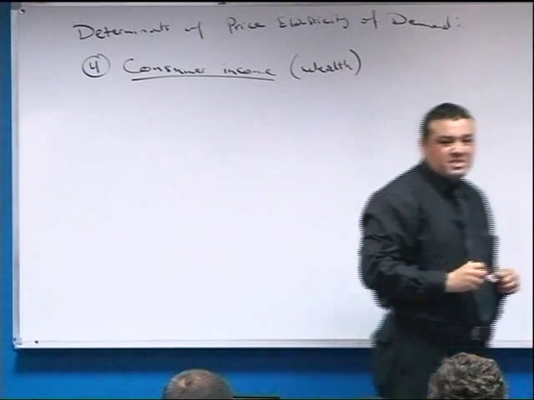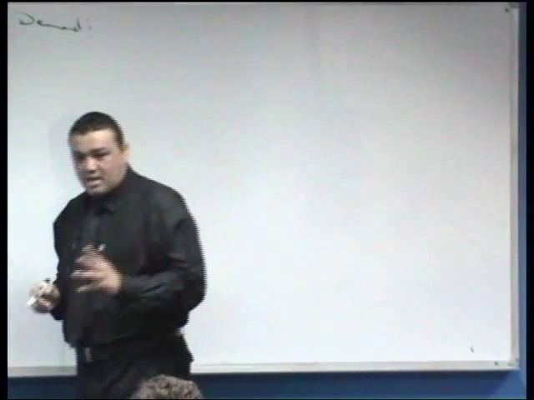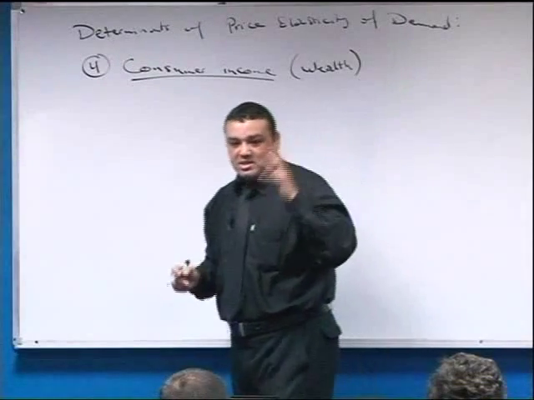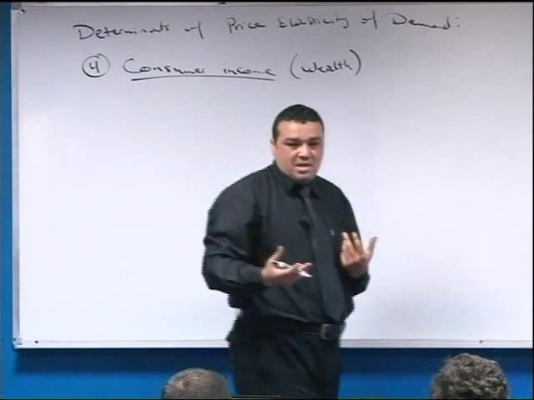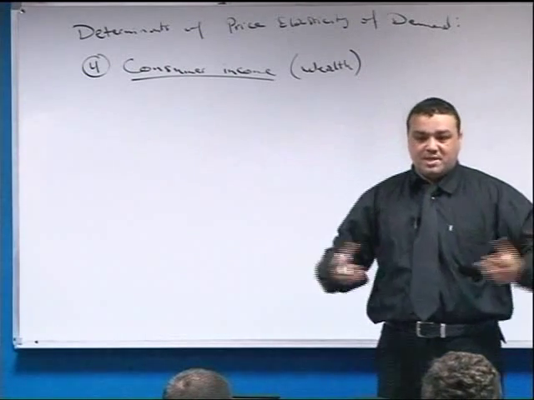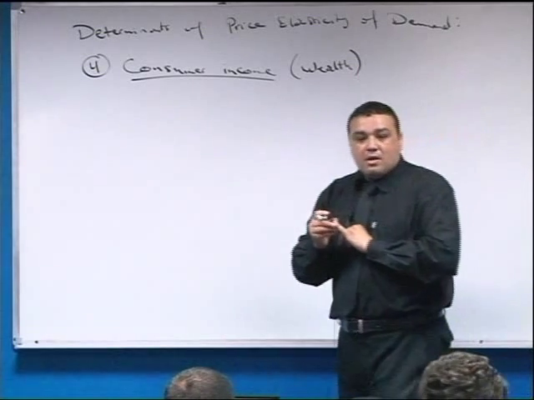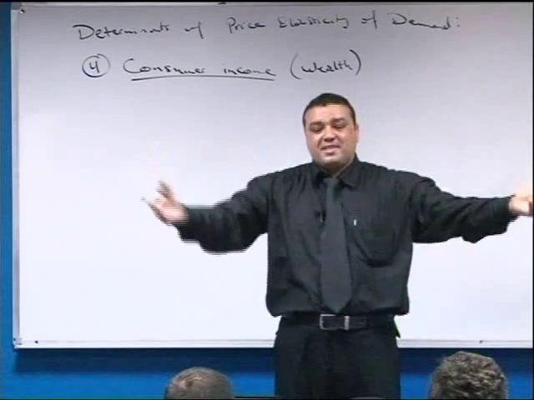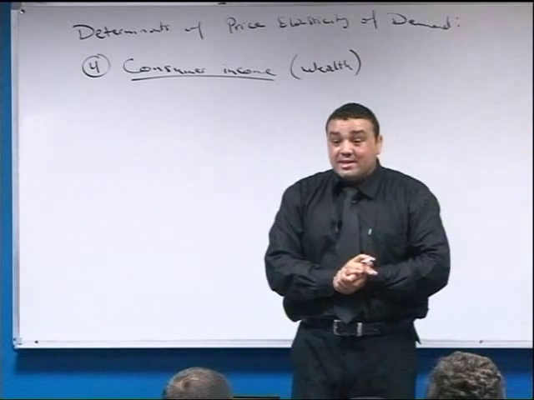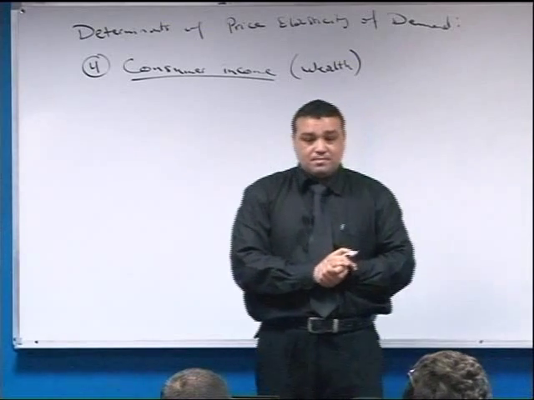Suppose that the price of a chicken increased from 7 shekels to 10 shekels, right? Who will be affected by the increase in prices, the rich families or the poor families? Yes. So the reduction in quantity demanded of chicken for the poor families would be larger than the reduction in quantity demanded for the rich families or the wealthy families, right?